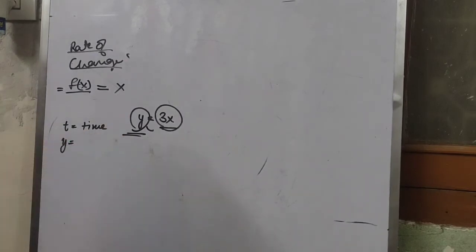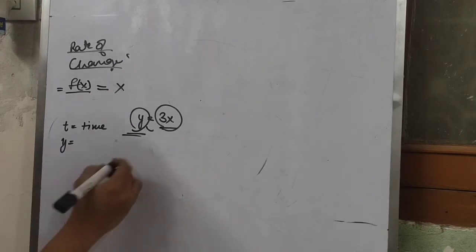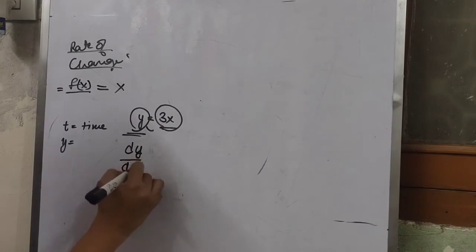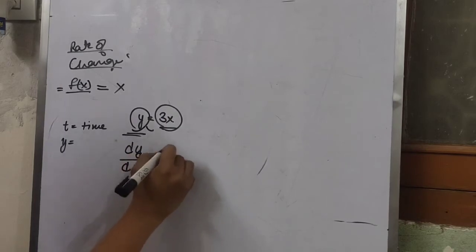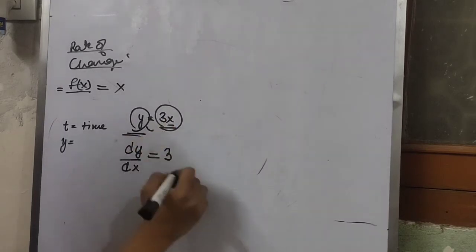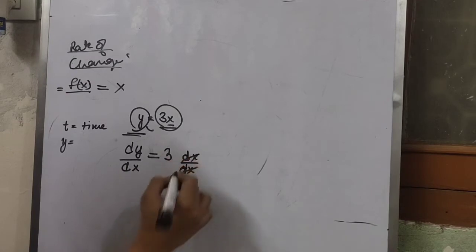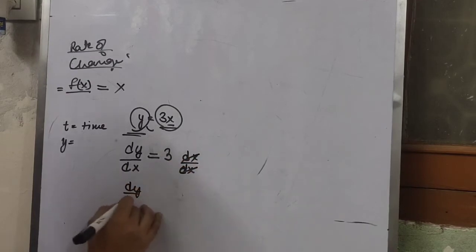Now my differentiation will be the differentiation of y with respect to x, that will be 3. The x part will be dx by dx, that is equal to 1. So my dy by dx becomes 3.